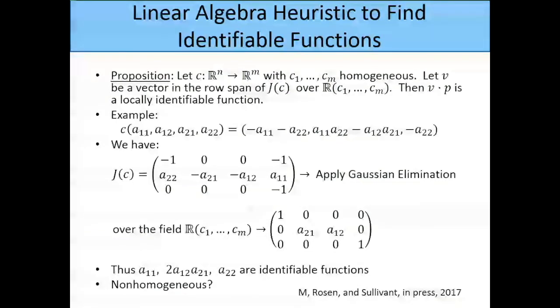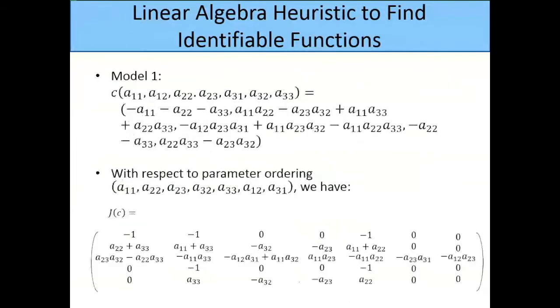But let me just finish up with the non-homogeneous point. If they're non-homogeneous, the idea is you can homogenize with respect to some variable, call it z, and then add z to your list of coefficients, apply the same process, and then set z to 1 in the end, and we get identifiable functions.